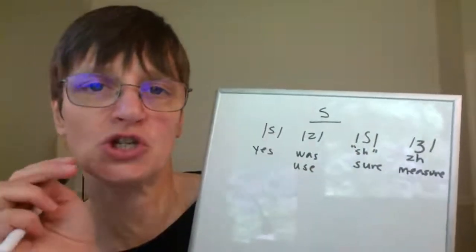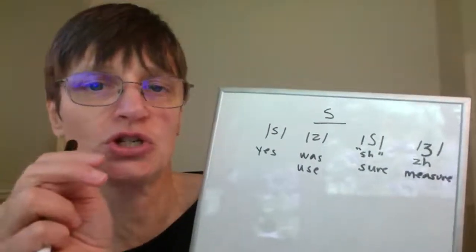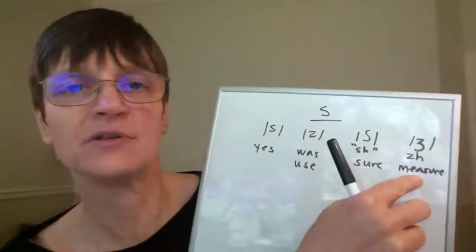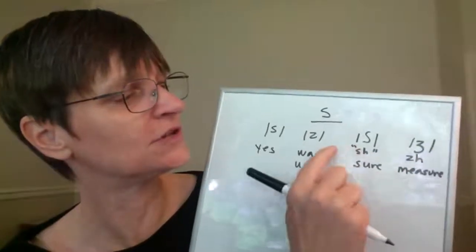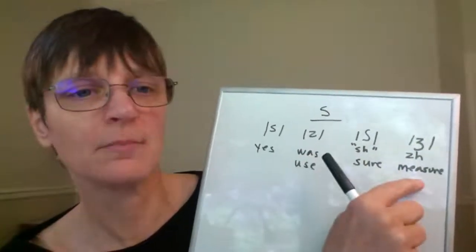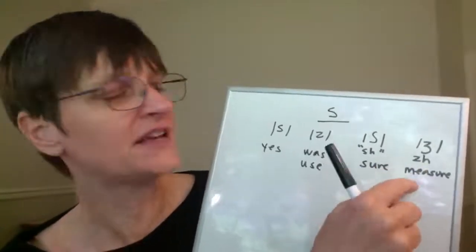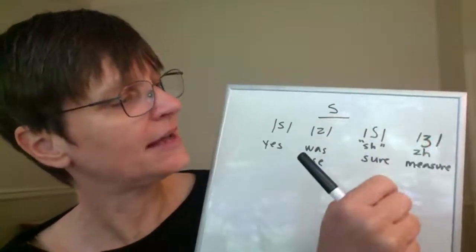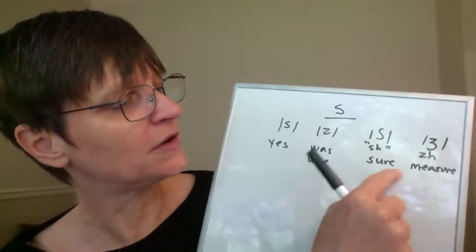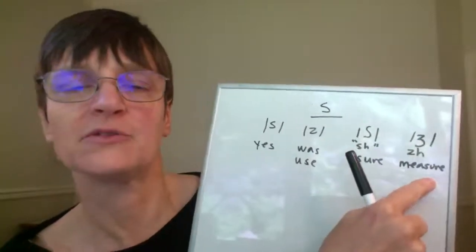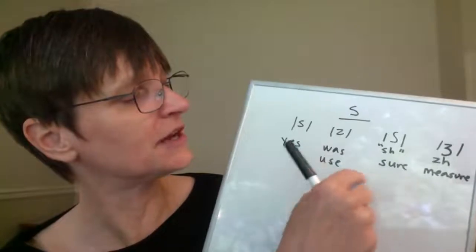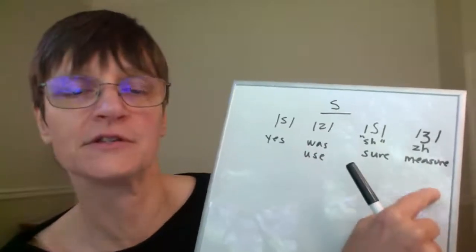So when I say sh and zh, my mouth is in the same position, but this one is voiced and this one is voiceless. So words like measure, decision, those have that zh sound. And so that's a challenging one for some people where they may mispronounce that letter S because they don't realize that it can make all of these different sounds.